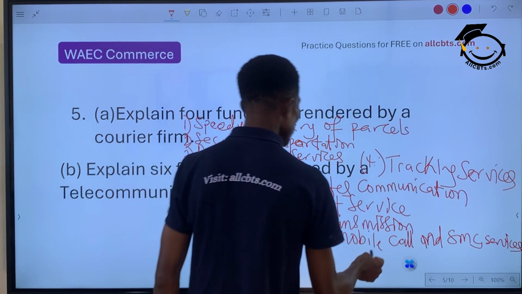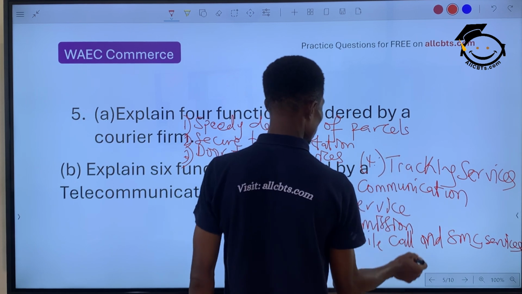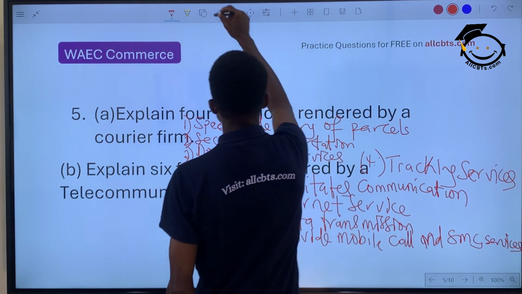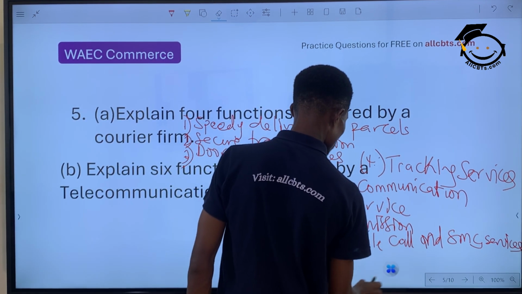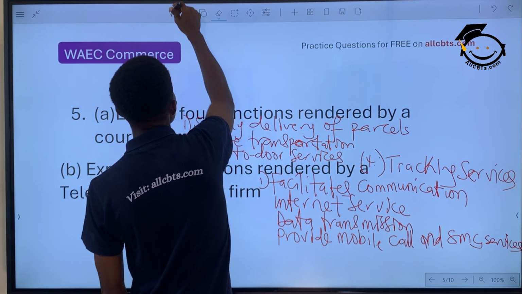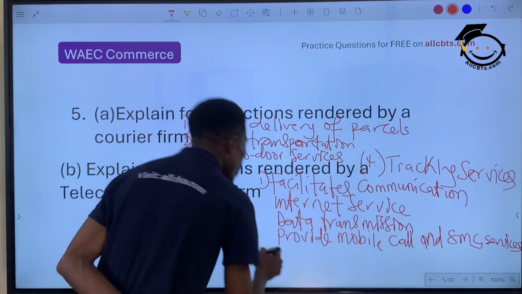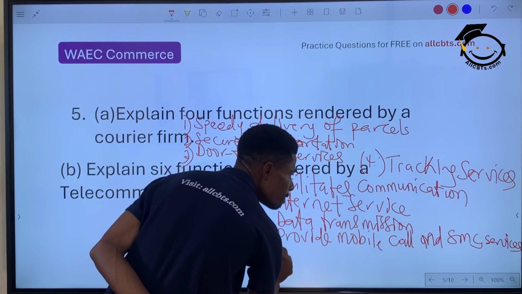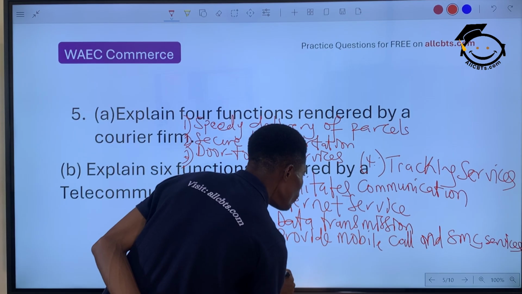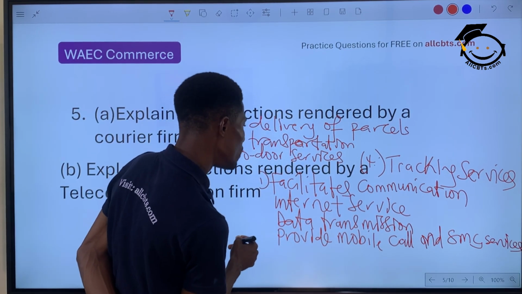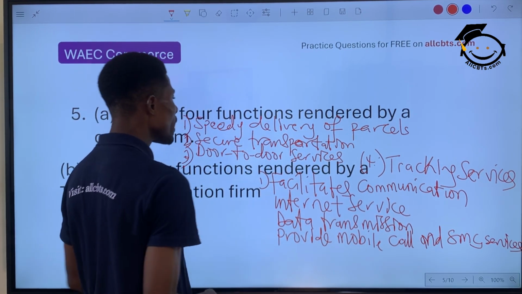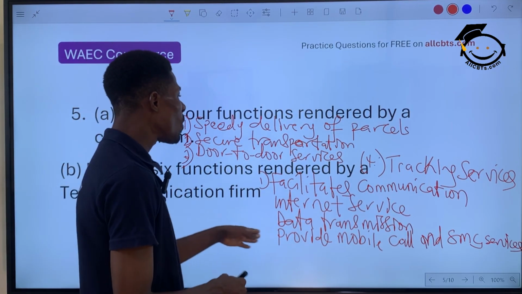What's the fifth thing they do? Now, the fifth function they render is what we call... The first one is facilitate communication. Second one is internet service.